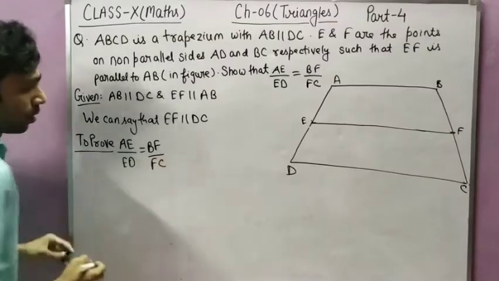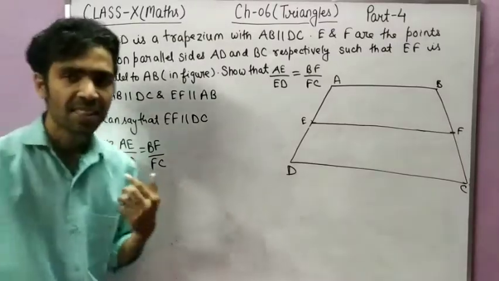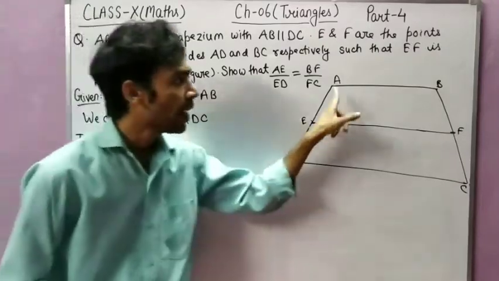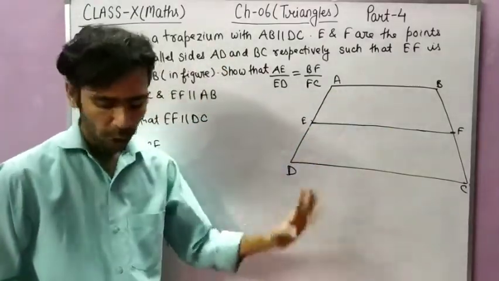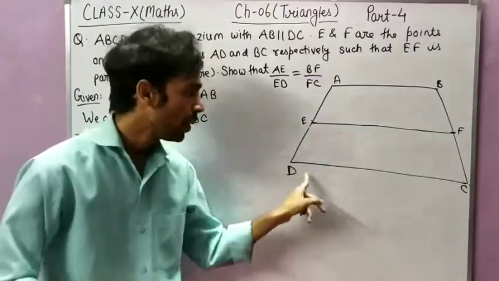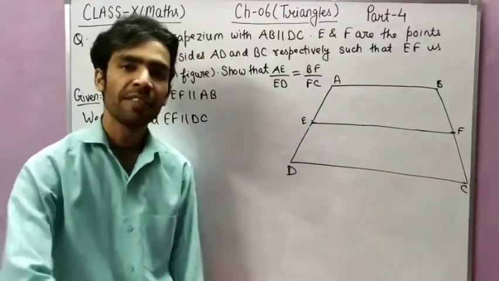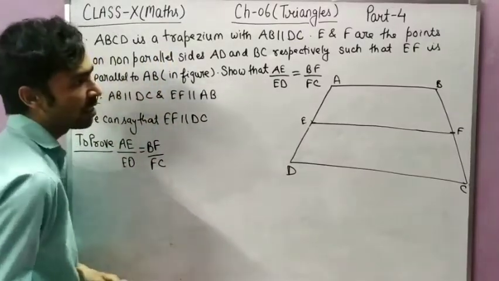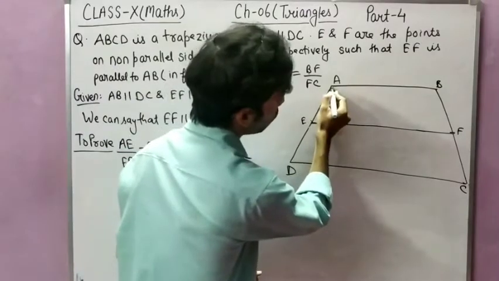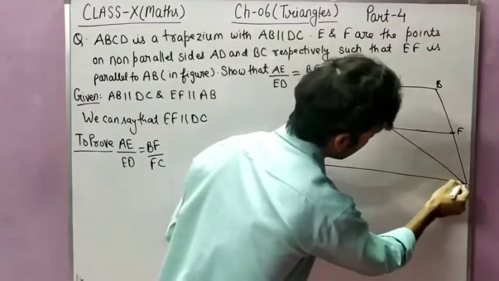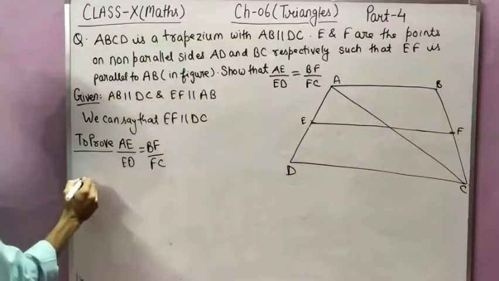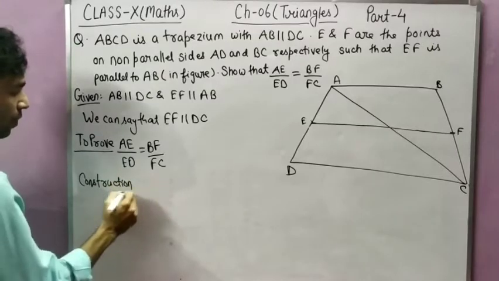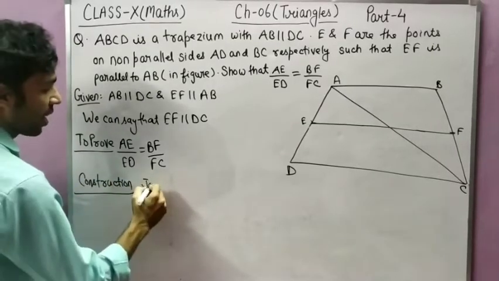For proving this statement, we need to draw some construction. What will we do, students? Either you join A to C, or you join B to D. In both cases the result will be the same. So I am joining A to C. In the construction part I will write: join AC.